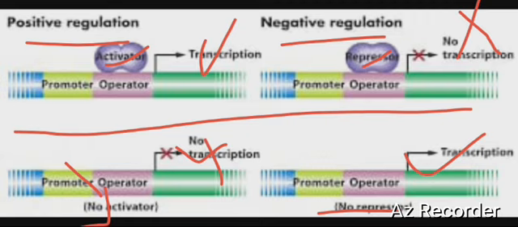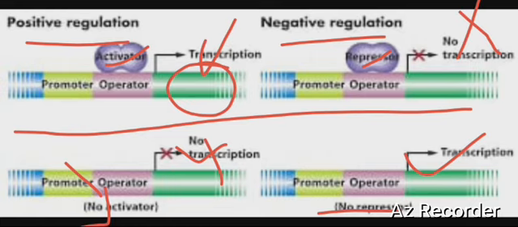So basically what happens, as we already know that lac operon in E. coli is regulated by both positive and negative control mechanisms. Basically, in the case of positive regulation, it refers to the mechanism that enhances the transcription of the lac operon genes when lactose is present and glucose is absent.